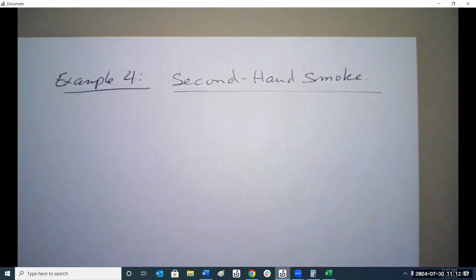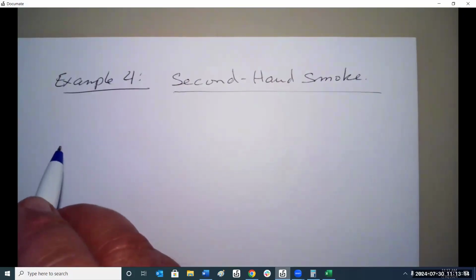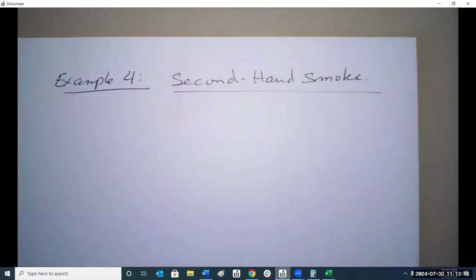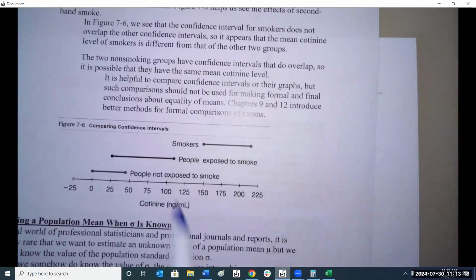What this example is going to allow us to do is we're going to use the confidence interval to compare data. We're going to compare data, the samples, the intervals, and everything else between two different sets. So we have to use here this table. Let me draw this table here.